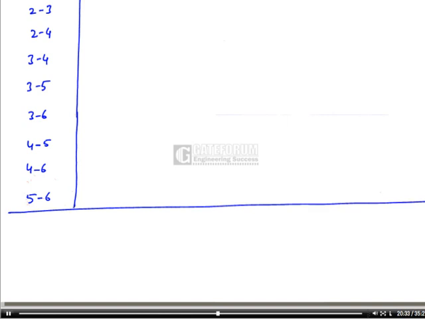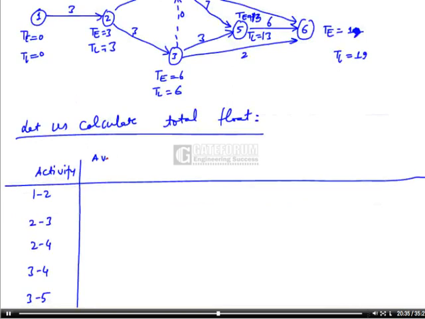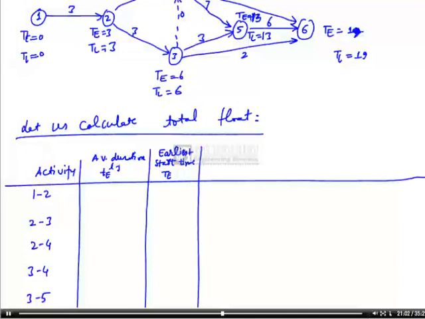So first we will take average duration. This is T of ij. Then second one we will take earliest start time. This is T of i. Then we will go for earliest finish time.